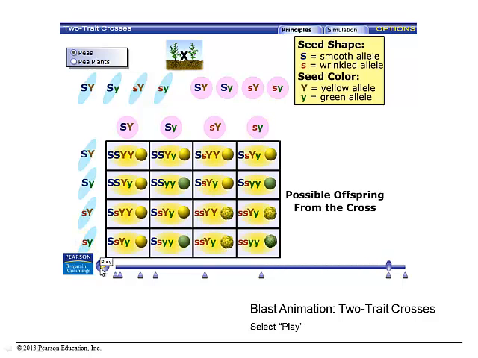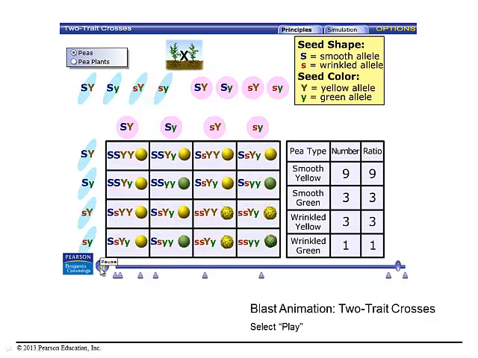So now we have a whole bunch of different offspring because we're talking about 2 traits that sort independently. And we get a ratio of 9 to 3 to 3 to 1. Again, we're talking about a heterozygous dihybrid cross that sorts independently.